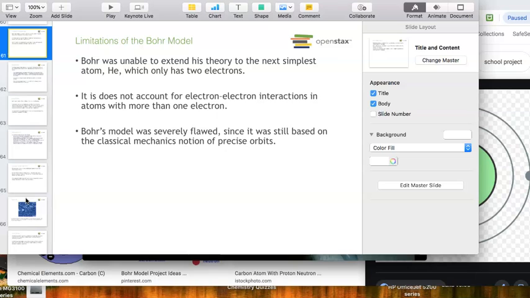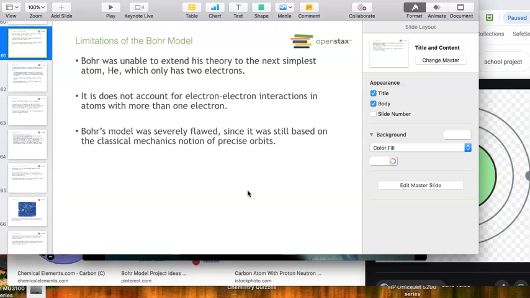So Bohr's model does not really account for an atom that has more than 1 electron. You can't really use it to explain electron-electron interactions for atoms that have more than 1 electron.